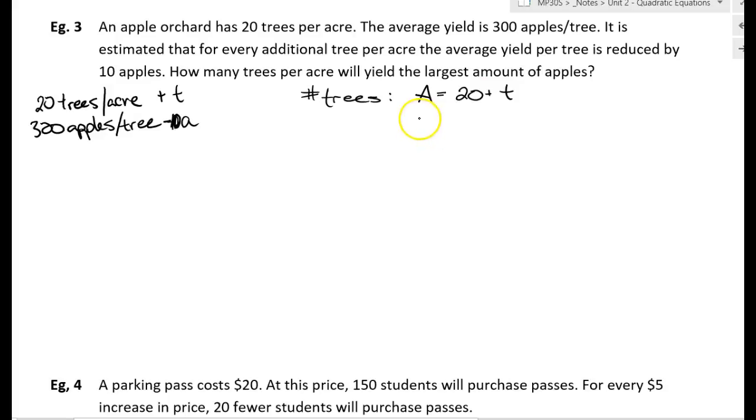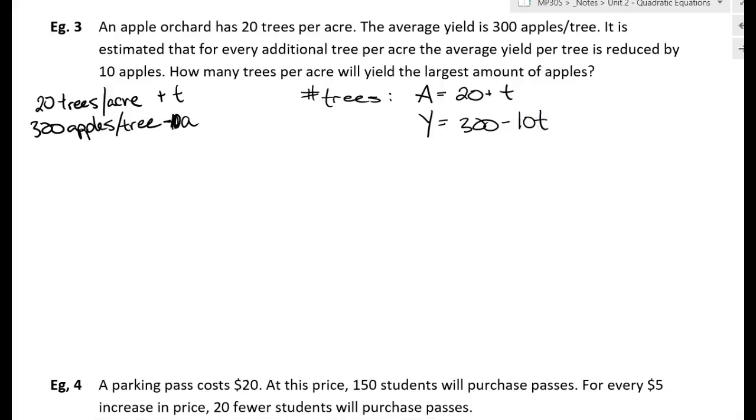Then I'm going to try and also figure out how many apples per tree. So that's kind of like my yield. So I'm going to use y, and that's going to be 300 minus 10 times t.